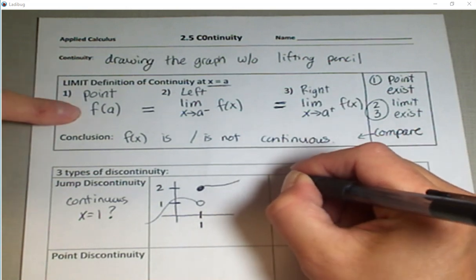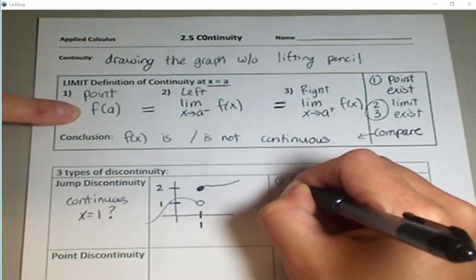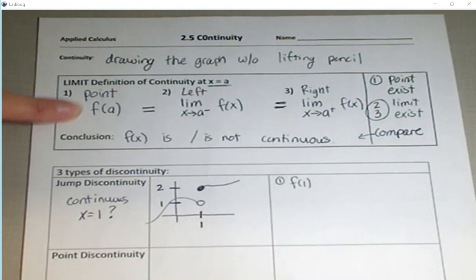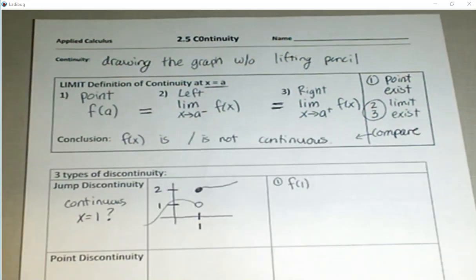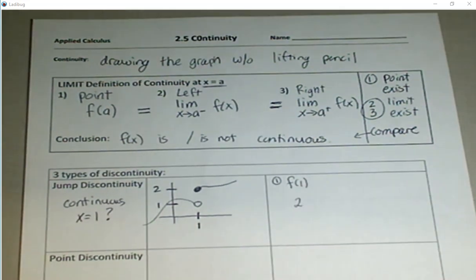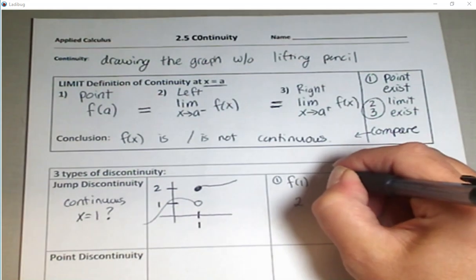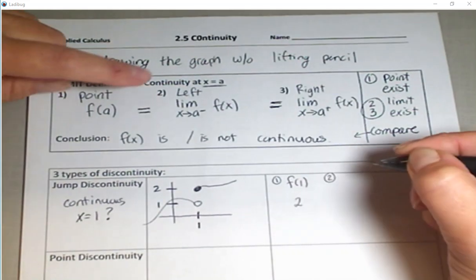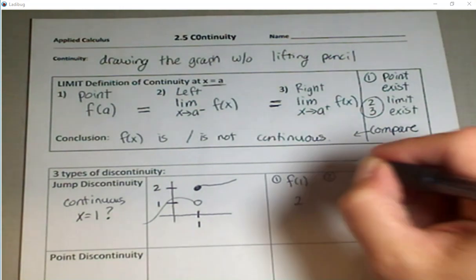Okay, so the point, f of 1, is 2. Okay, because I can read the point off of the graph. The second thing I have to do is find the limit from the left.